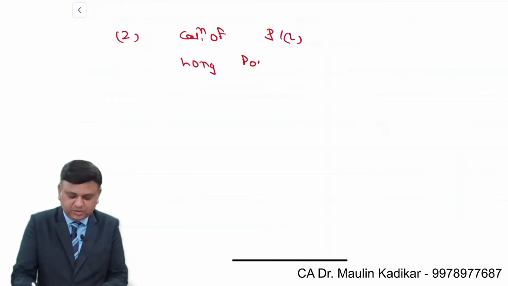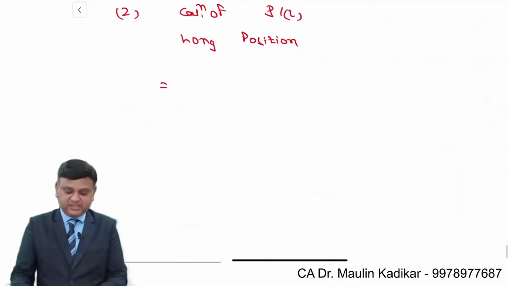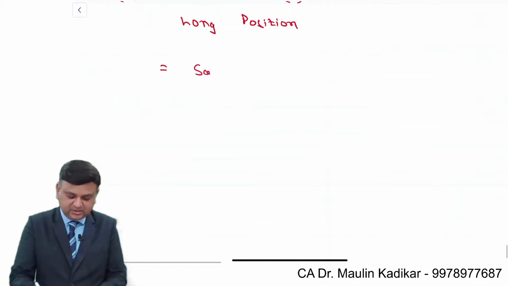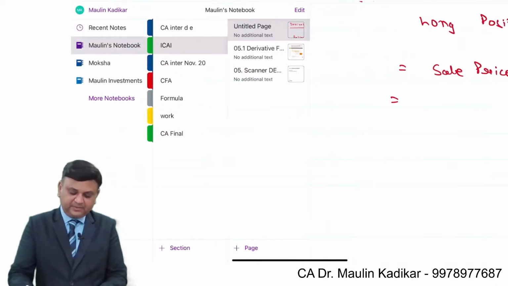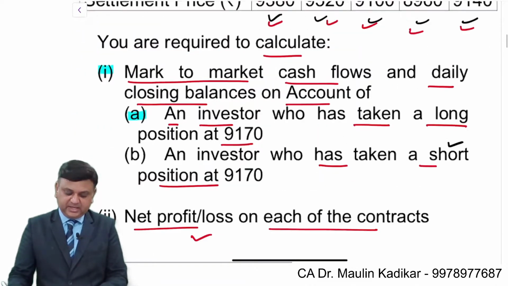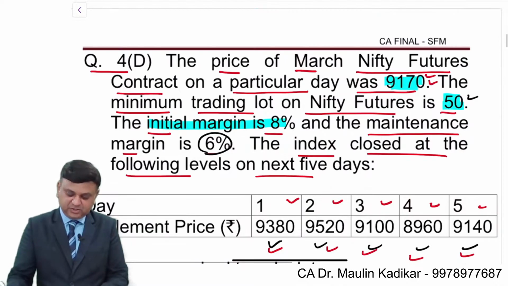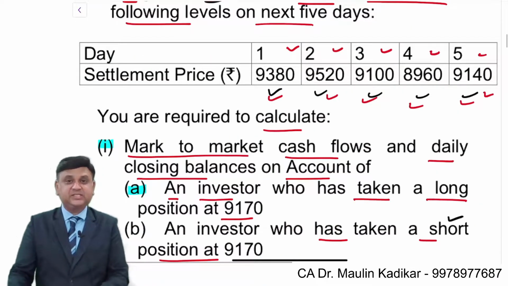First of all, for long position, we understand that the profit or loss will be computed like this. Sale price minus purchase price. The price at which you have a contract to buy is 9170 and the last price is 9140.